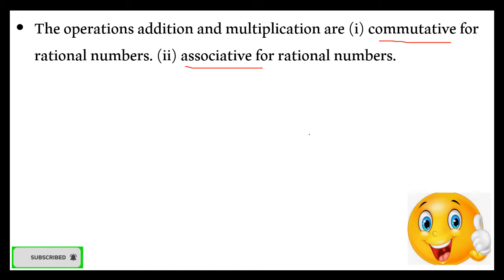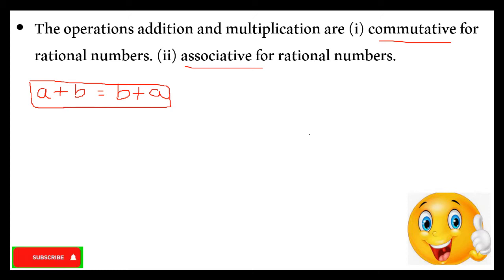So addition and multiplication: if you add two rational numbers a and b, and you change the order of the written numbers, you write b first and then a, and your result remains the same, the property associated with this is the commutative property.